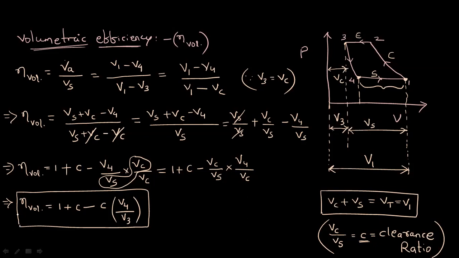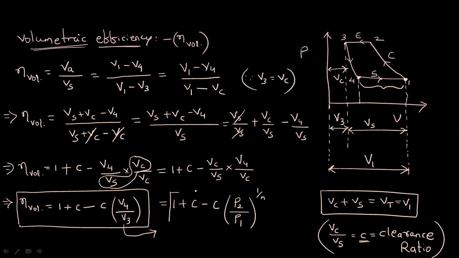So this is one derivation of volumetric efficiency in terms of clearance ratio. And now if you want to convert this V4 by V3 in terms of pressure, you will get 1 plus c minus c times P2 by P1 whole to the power 1 by n.